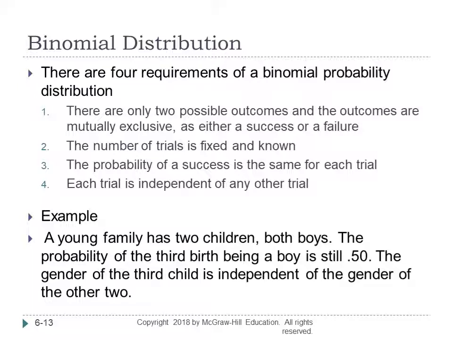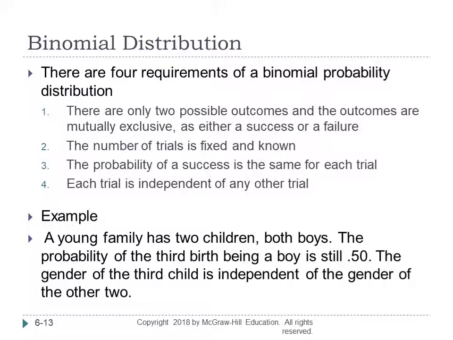For example, if you consider success to be getting a boy, then the probability of success is 0.50. We assume that the probability of a boy is the same as the probability of a girl, so each one of these probabilities is equal to 0.50. Now, since this family has 2 boys, that means the outcomes of the first 2 trials is a boy, which you can think of as success.